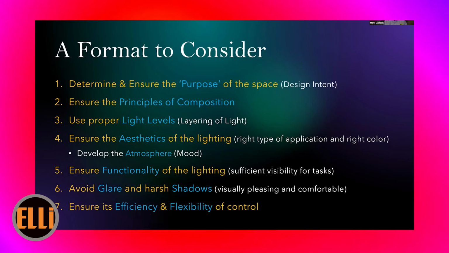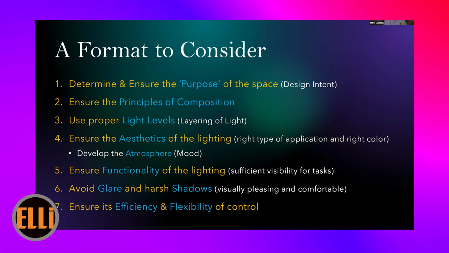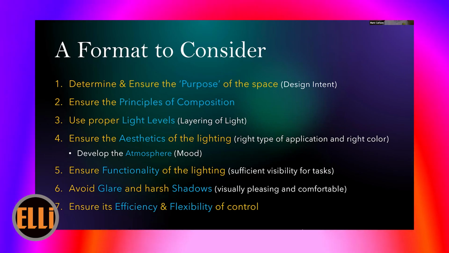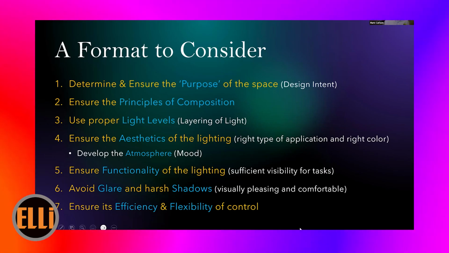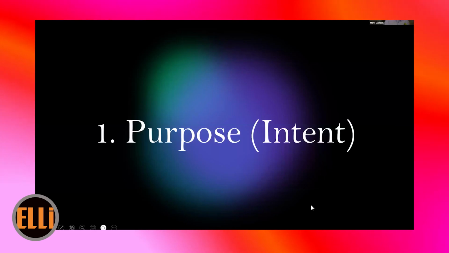If you're starting at 12, then you're going to have to do triple, 10 times the light levels to make something else stand out as a focal point. So start extremely low, as low as you can, so that it's comfortable, you can see, and it's pleasing. All right, enough said on all that.